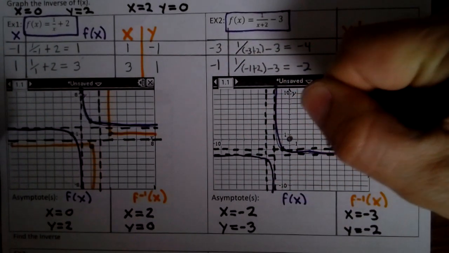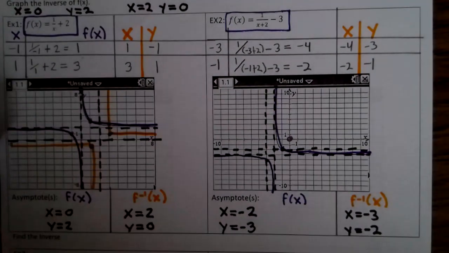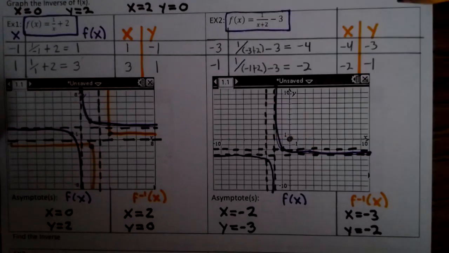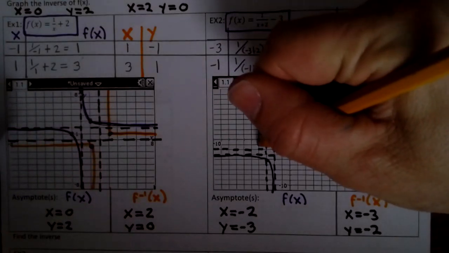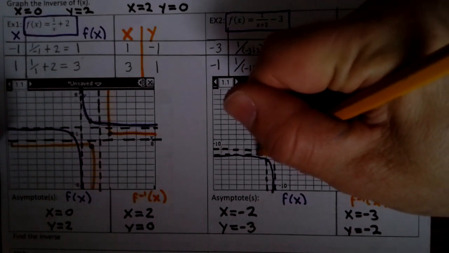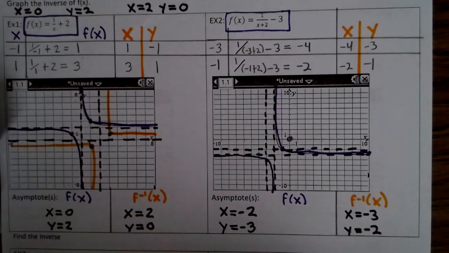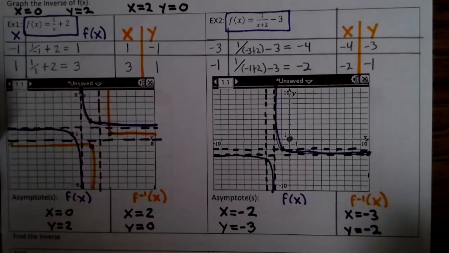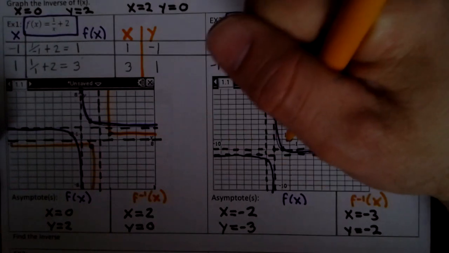Now let's graph the points. So negative 4, negative 3. Negative 1, 2, 3, 4. Negative 1, 2, 3. Getting really, really messy.